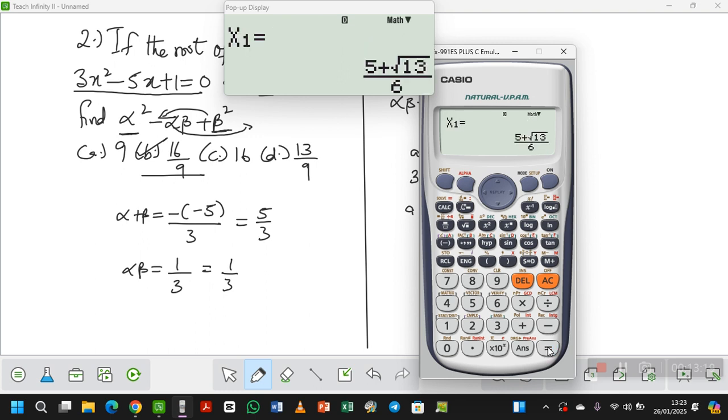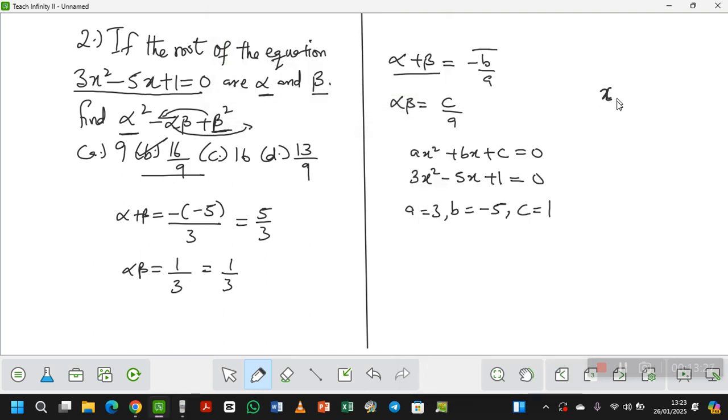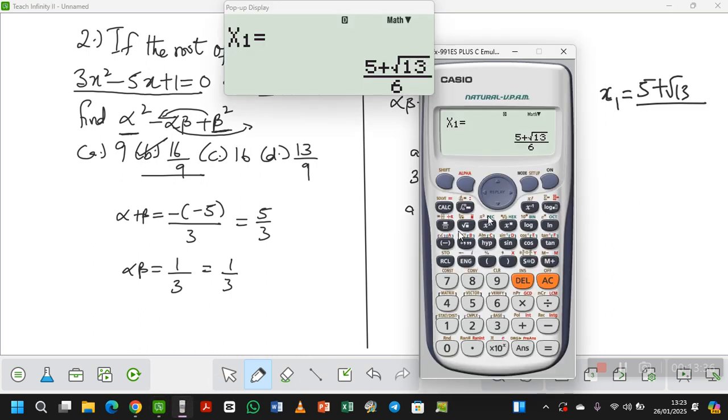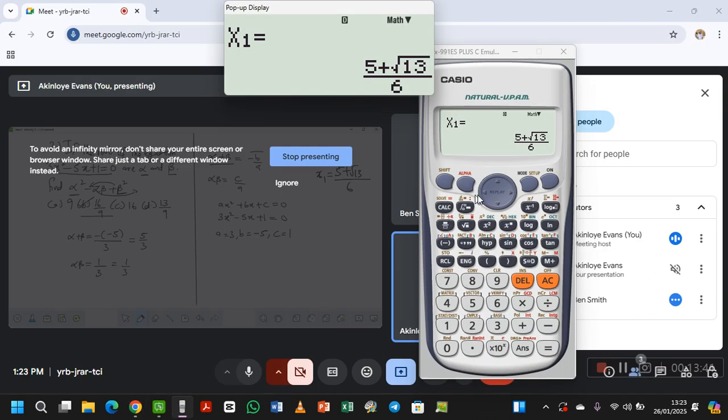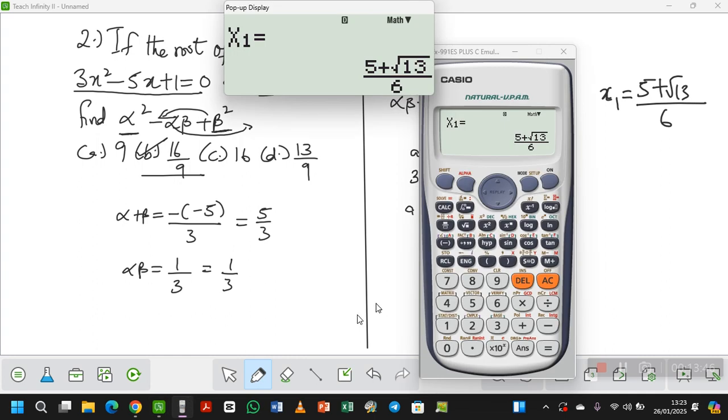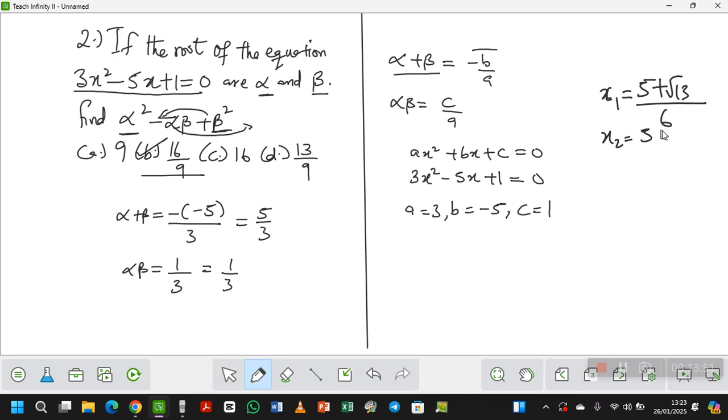For our first value we got x1 to be 5 plus root 13 over 6. For our second value we got x2 to be 5 minus root 13 over 6.